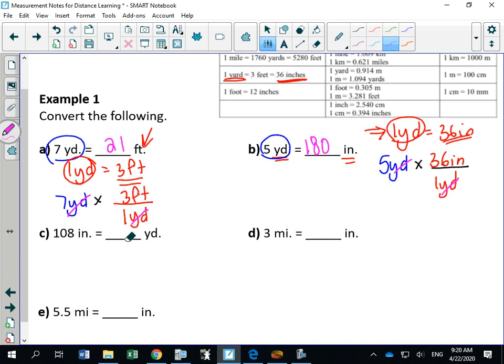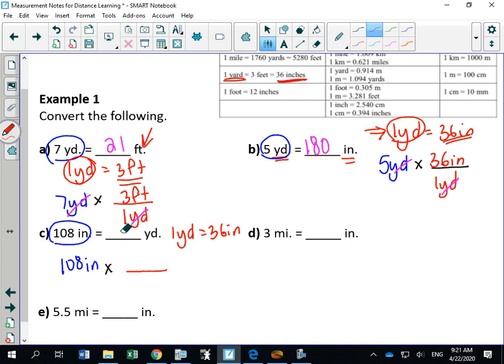Let's go from an inch to a yard, sort of the opposite of this. It's the same conversion. 1 yard is equal to 36 inches, so I'm going to write that down. Take what you were given, times it by the conversion.